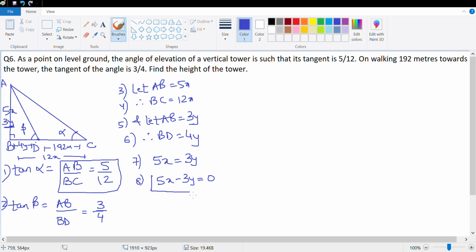So that's my first equation. 5x minus 3y is equal to 0. Next, I have 4y plus 192 is equal to 12x because BC is equal to BC and BC is equal to 12x. Perfect. So number 9 would be 4y plus 192 would be equal to 12x.